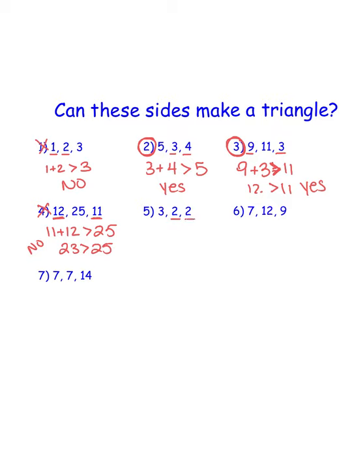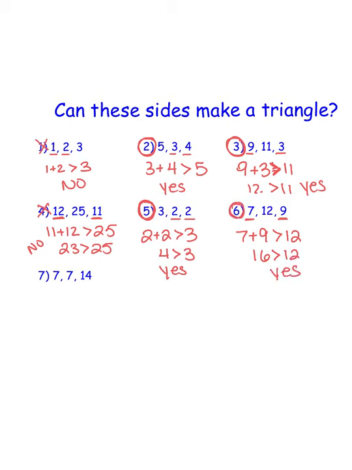Here, the two smaller sides. 2 plus 2, is that bigger than 3? Is 4 bigger than 3? That's yes. Those make a triangle. Pick the two smaller sides. 7 plus 9. Is that bigger than 12? Is 16 bigger than 12? That's a yes. So those make a triangle.